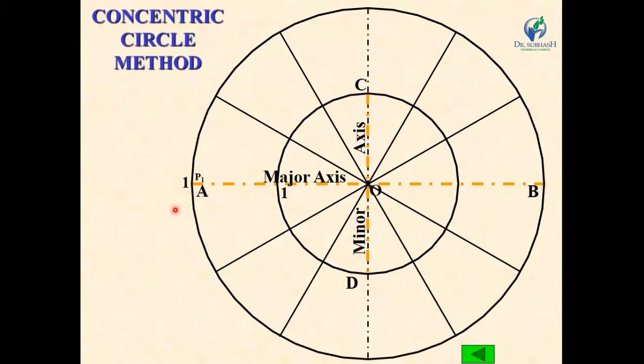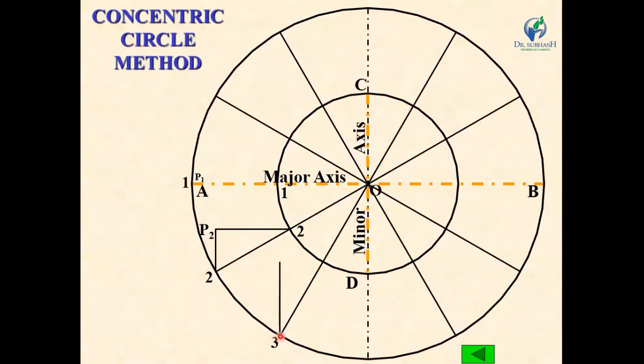Now this point is 2, so draw a vertical upward line from point 2. Similarly, from point 2 dash on the inner circle, draw a horizontal line, and the intersection point of this vertical and horizontal line is P2.